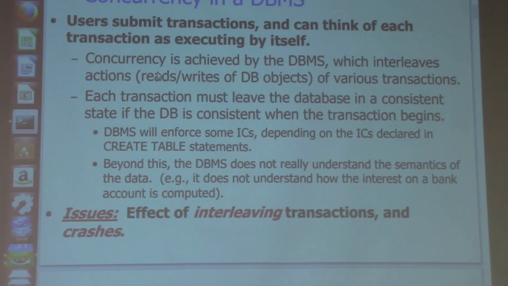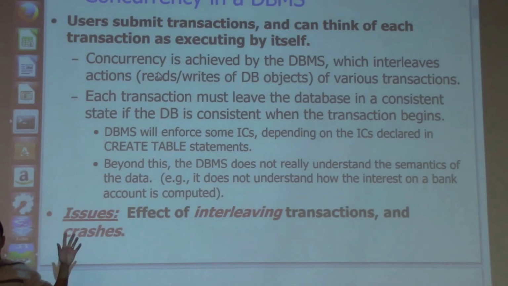And because of that, like I said earlier, if you are in serializable isolation level, no matter how you interleave these actions, your database will always be in a consistent state, meaning all functional dependencies will be honored at all times, because at the end of the day, serializable isolation level tells you the interleaving of these actions is equivalent to one of the serial executions of those transactions. And if each transaction ensures functional dependencies, the serial execution of these transactions will automatically ensure all functional dependencies. So database always is left in a consistent state.